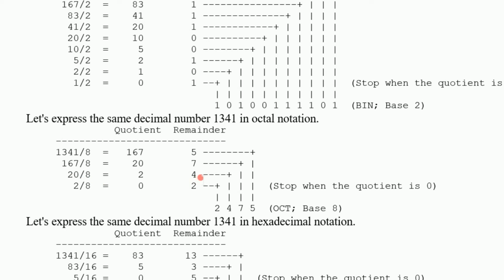Again 167 by 8 is 20, 7 is the remainder. 20 by 8, 2 is the quotient, 4 is the remainder. 2 by 8 is 0, and 2 is the remainder. The quotient is 0, so we stop. And again we write it from bottom to top.